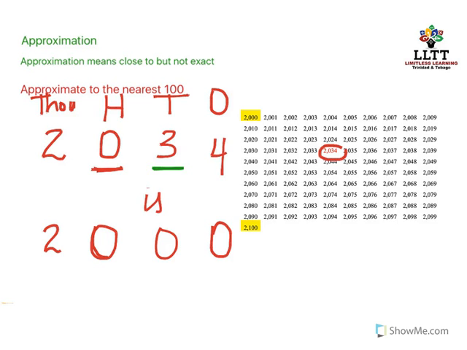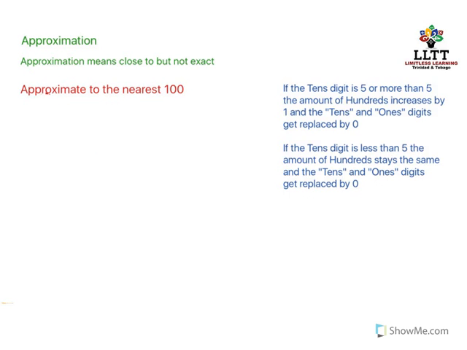And we can already tell that it's closer to 2000 than it is to 2100. So using our chart again, we're able to tell, depending on where the number lies, if it's closer to the lower hundreds number or the higher hundreds number. Let's look at one more example.